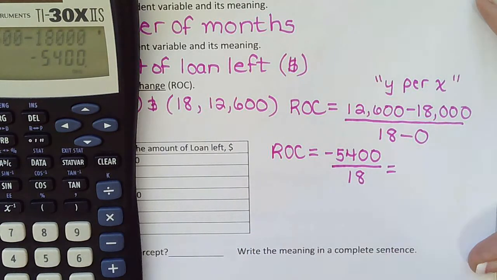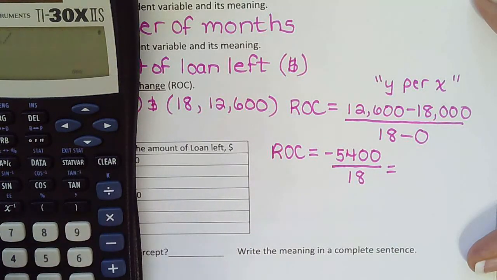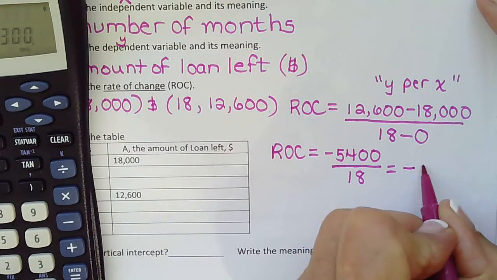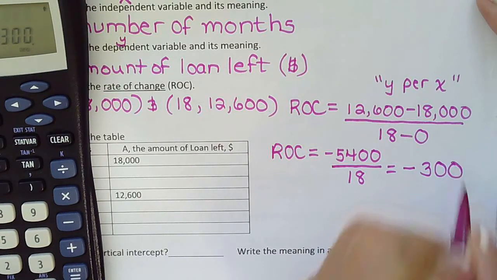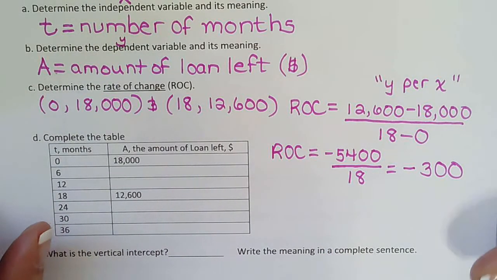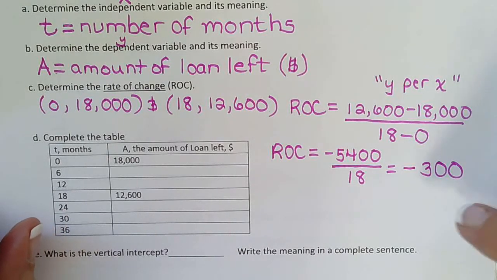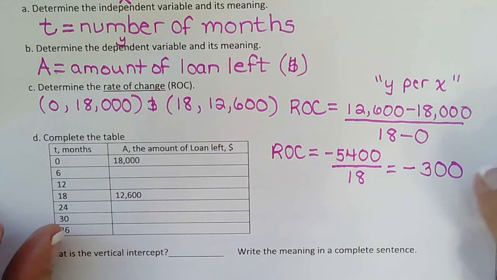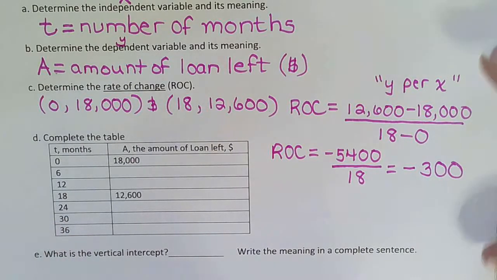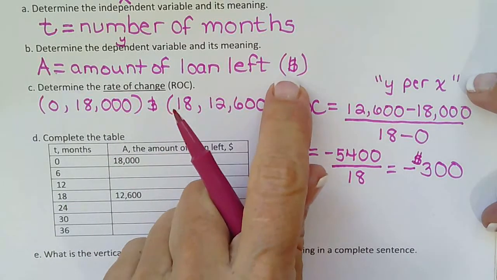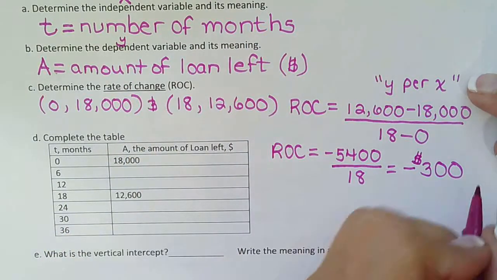Then to simplify that further, divided by 18, we get negative 300. So tell me what you think that means. Our rate of change is negative 300. They are paying $300 per month towards the loan, because we know it's y per x, dollars per month.